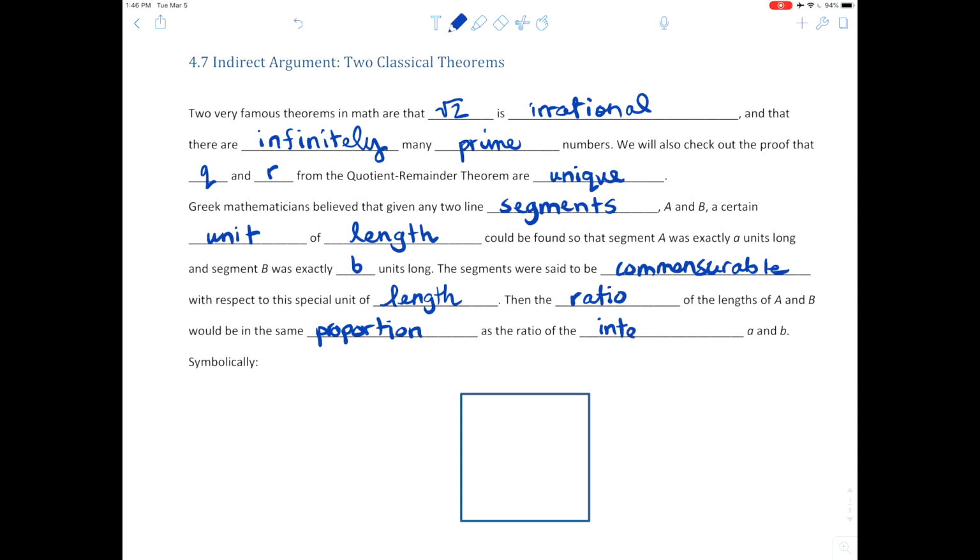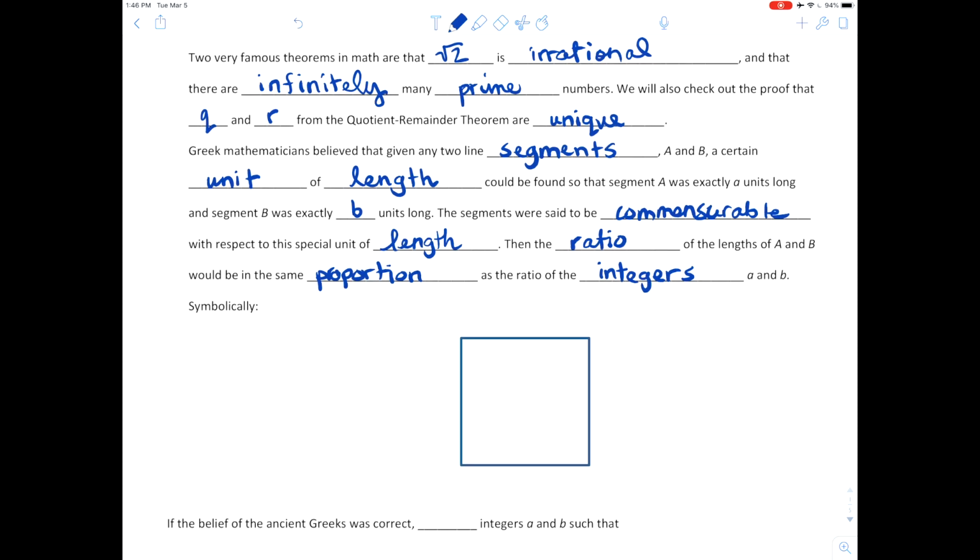Note that they were whole numbers because these are lengths. So these integers A and B would be in the same proportion to the ratio of the lengths of those two segments.